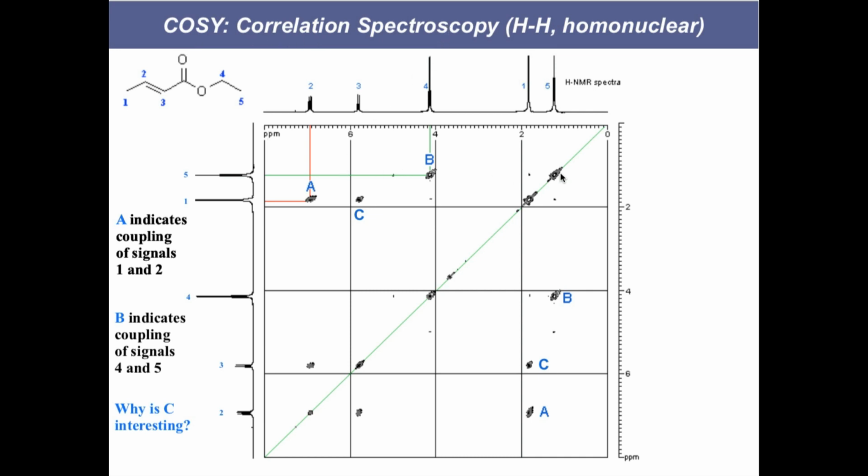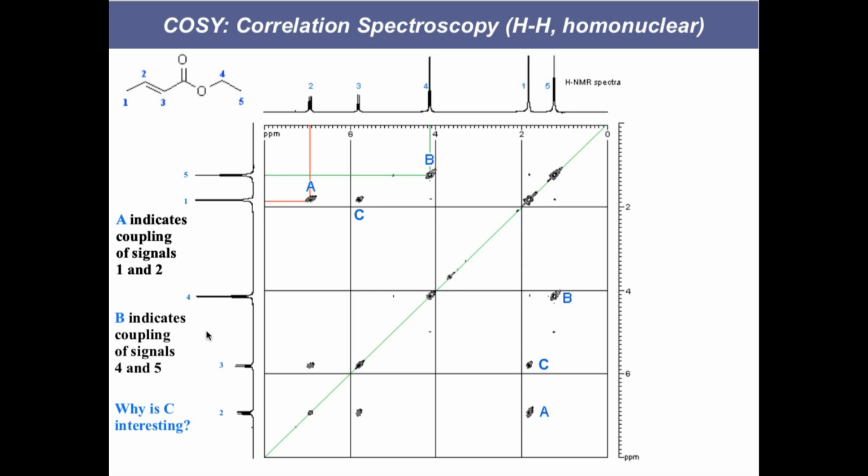But if you look at what this spectrum is, you can see that we've got a proton spectrum on the x-axis here from 0 up to about 10 ppm. And then we've got the same spectrum on the y-axis, also from 0 ppm all the way up to about 10 ppm. So we've got the proton NMR spectrum graphed against the same proton NMR spectrum.